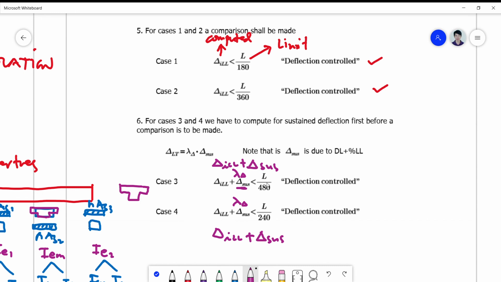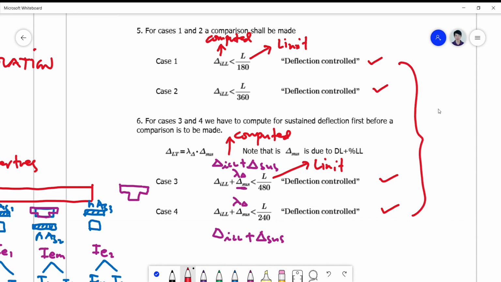And so again, we compare the computed value versus your limit. So if the computed is less than the limit, then case 3 and case 4 is satisfied.